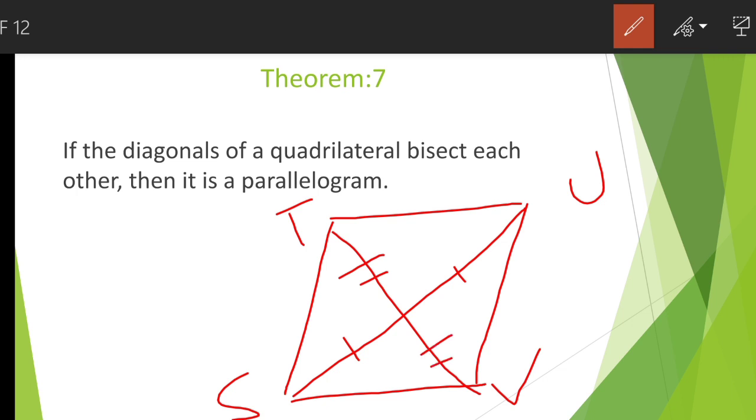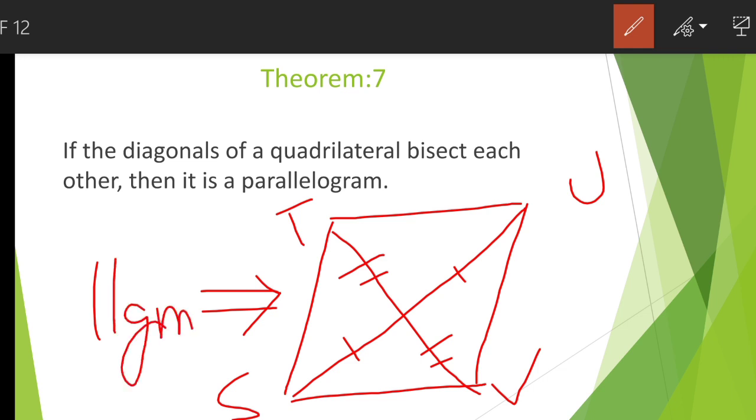Then we can say this quadrilateral is a parallelogram. So this is also a converse of theorem 6. To recap, theorem 3 was the converse of theorem 2, theorem 5 is the converse of theorem 4, and theorem 7 is the converse of theorem 6.